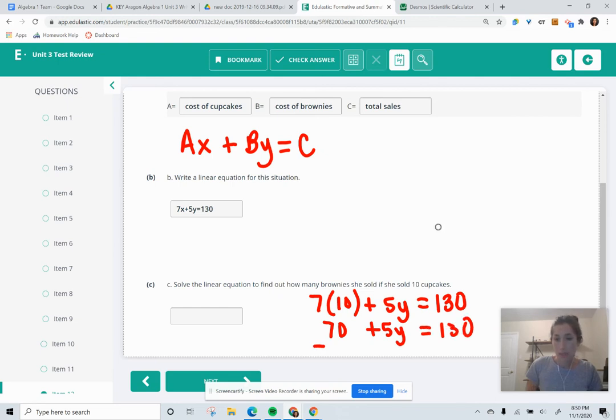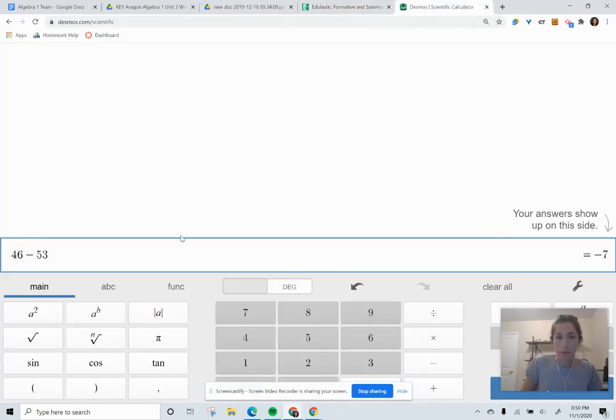And then I just need to subtract 70 on both sides. So I'm going to be left with 5y equals, is that 60? And then we're going to divide by 5. Let's do 130 minus 70.